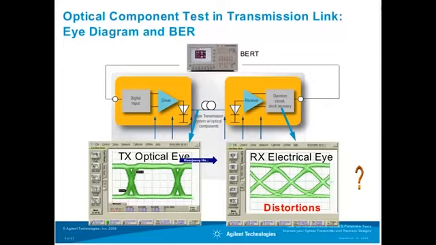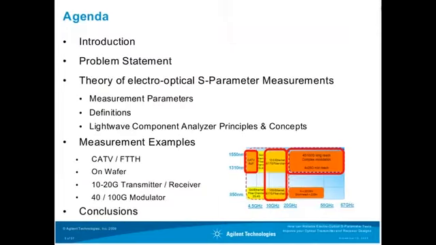It's a systematic error in the eye. Is it bandwidth? Is it some other effect? Later on, we will find some clues on the root causes, and especially how optoelectronic S-parameter measurements can help you find them.